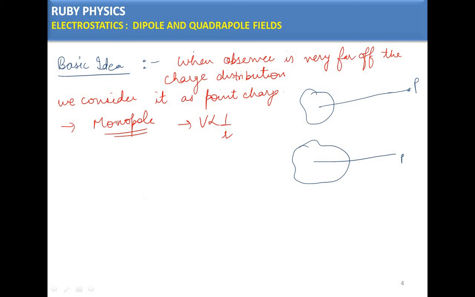This is the first case. The second case is when the observer is near to the charge distribution.